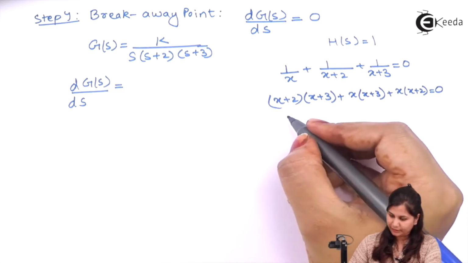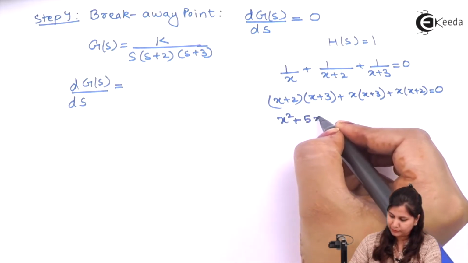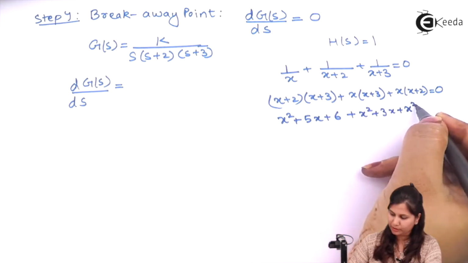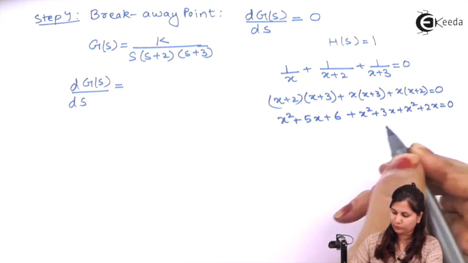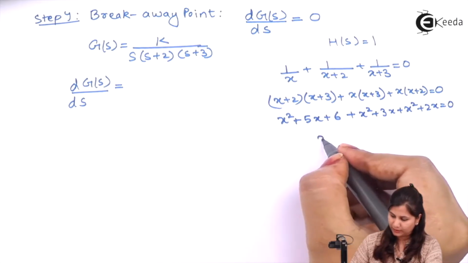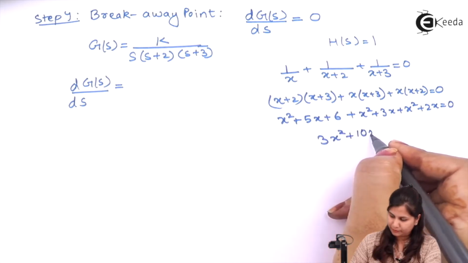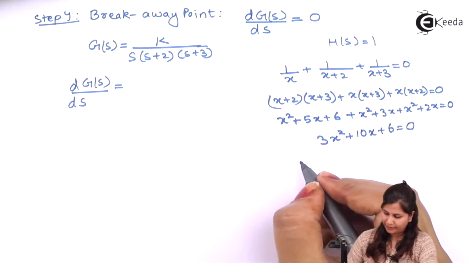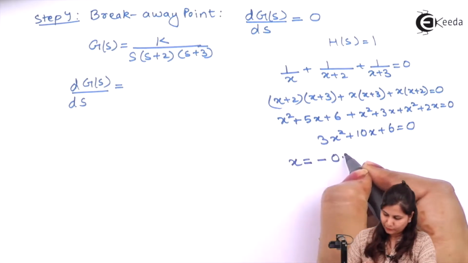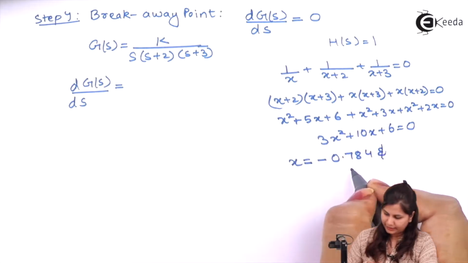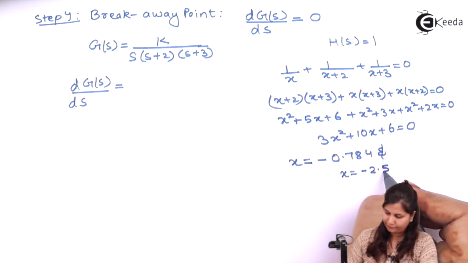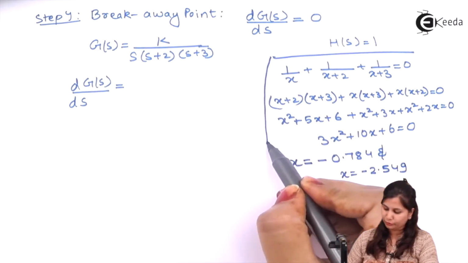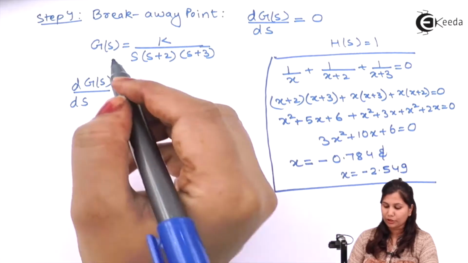Solve this, we are having x square plus 5x plus 6 plus x square plus 3x plus x square plus 2x equals to 0. So we are having 3x square plus 10x plus 6 equals to 0. If we solve this equation, we will get the value of x as minus 0.784 and x equals to minus 2.549. So this is one method, the direct method, to find the value of the breakaway points.